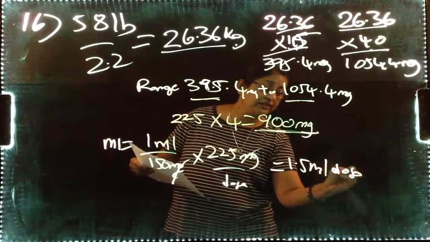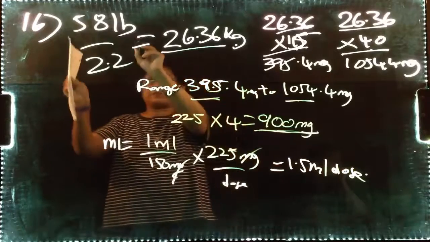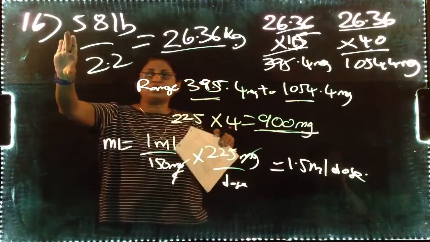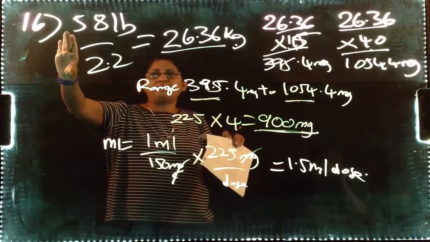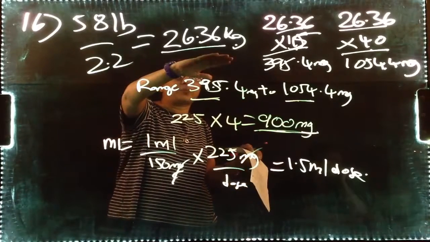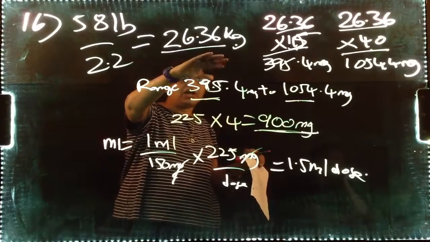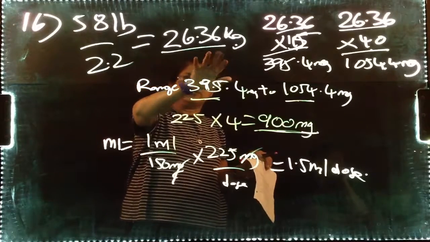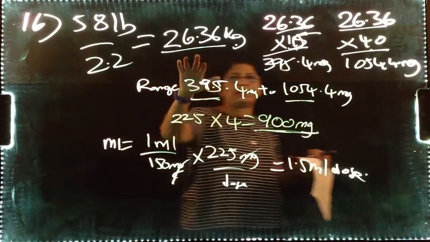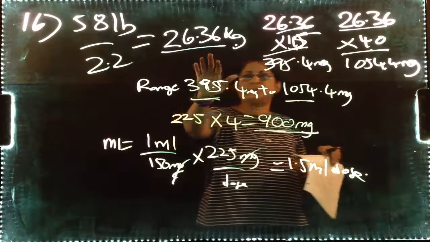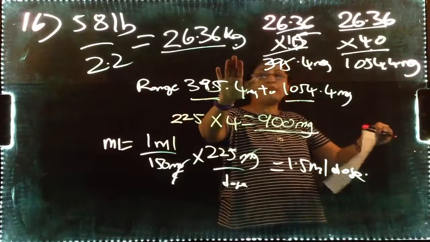Are you understanding? You have done the first part. The first part you have to do is make sure you divide 58 by 2.2 to get your child's weight. You should never ever round up your child's weight. It should be as is. Do not ever round up a child's weight, because you can kill a child by giving them medication. Then you have to have a range.